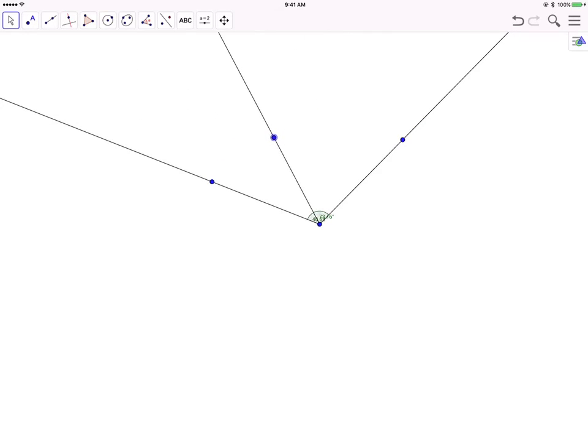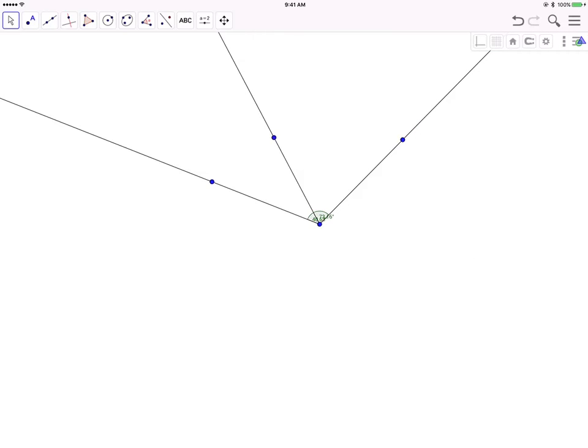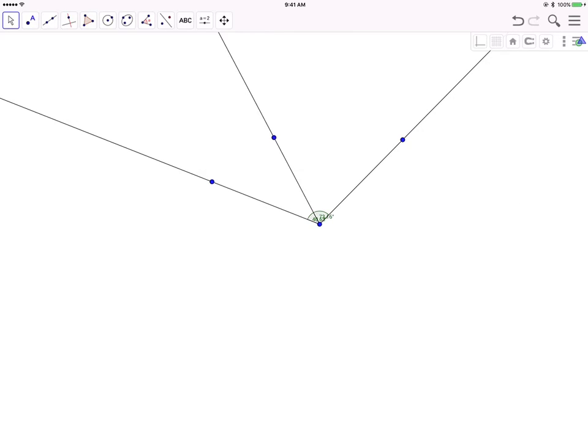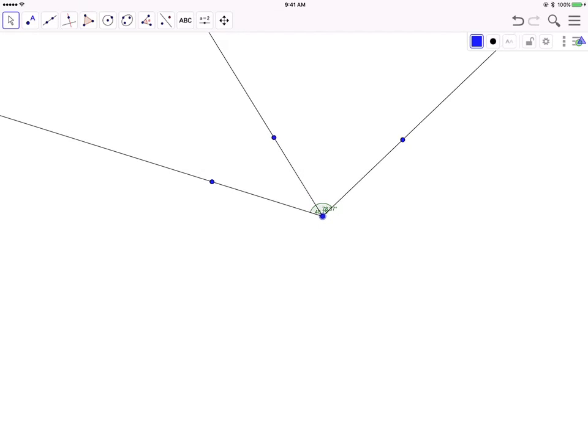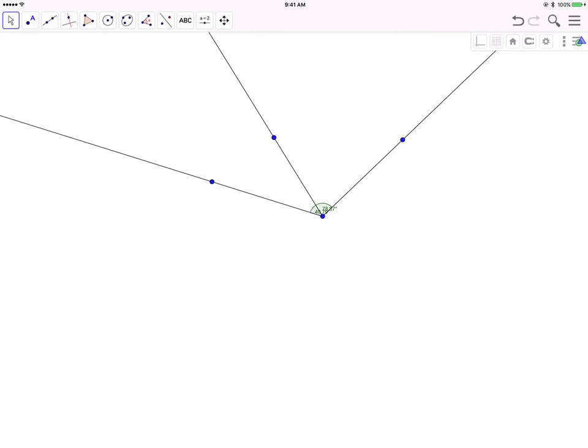All right, so currently, I just want to make this a little larger if I can. This is annoying. There we go. No, I guess not. I don't know what I'm doing yet, apparently.